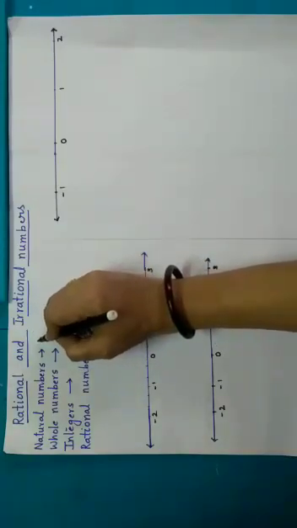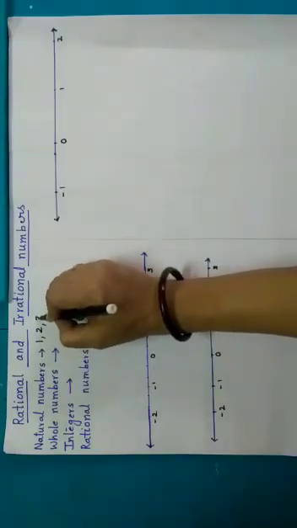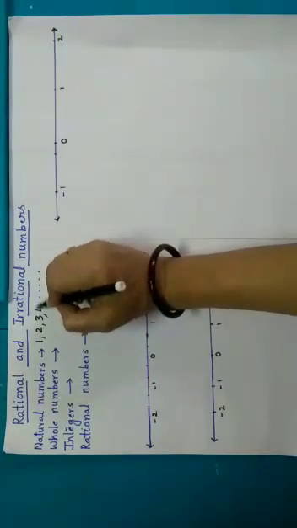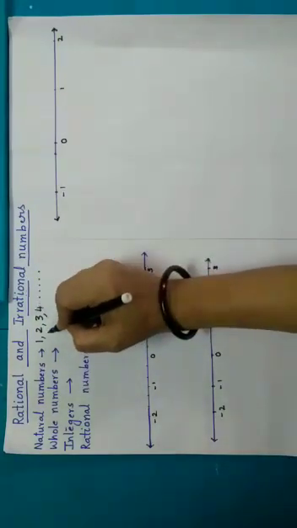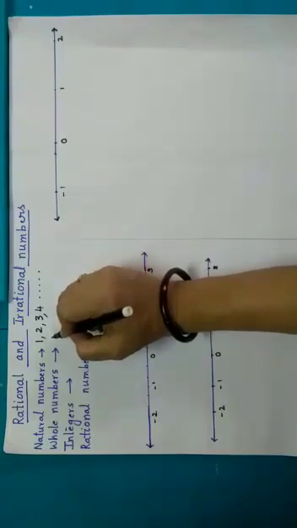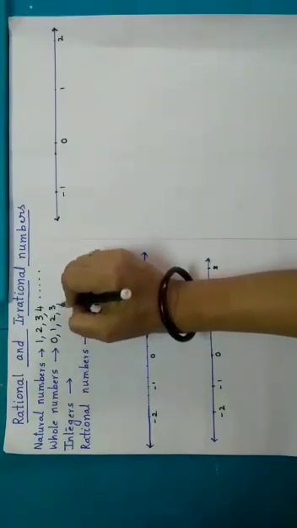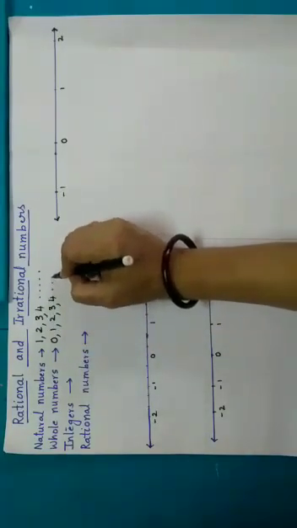What are natural numbers? 1, 2, 3, 4, dash dash. These are natural numbers. What are whole numbers? 0, 1, 2, 3, 4, dash dash.